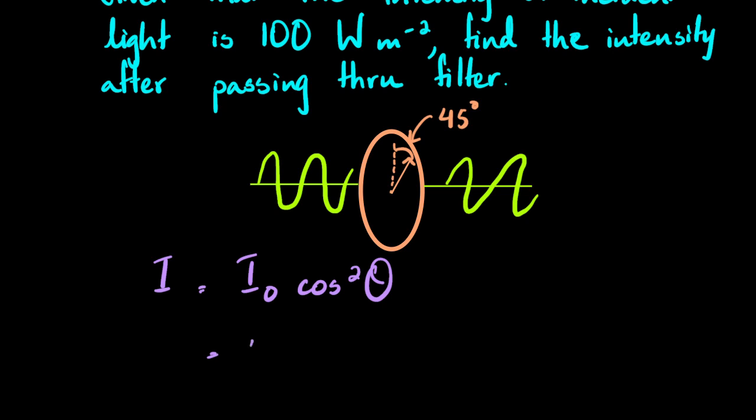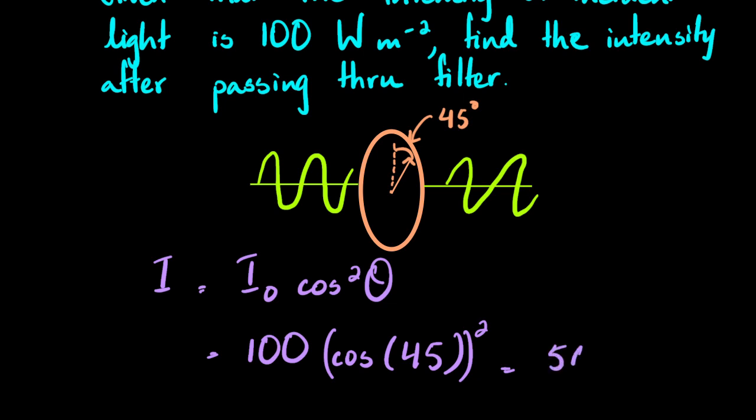In this case, I naught is 100 and cos 45, and don't forget the square. So cos 45 is root 2 by 2 and the square of that is half, so 100 upon 2 is 50 watts per meter square.